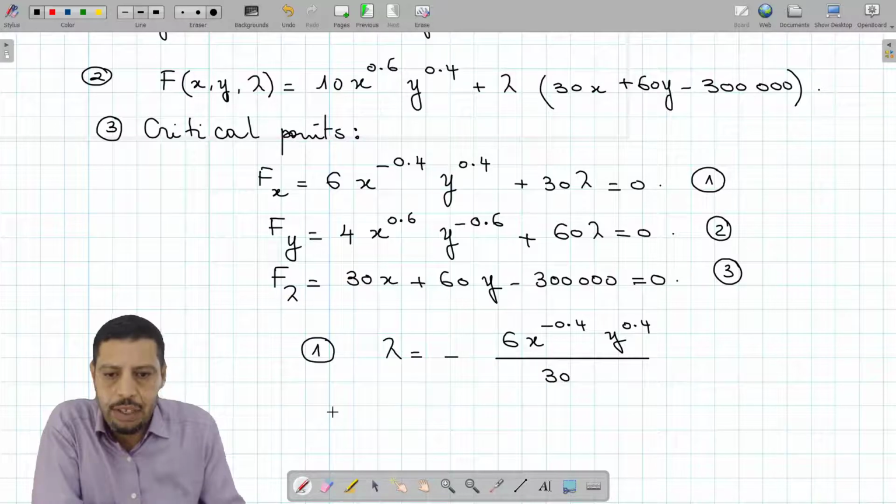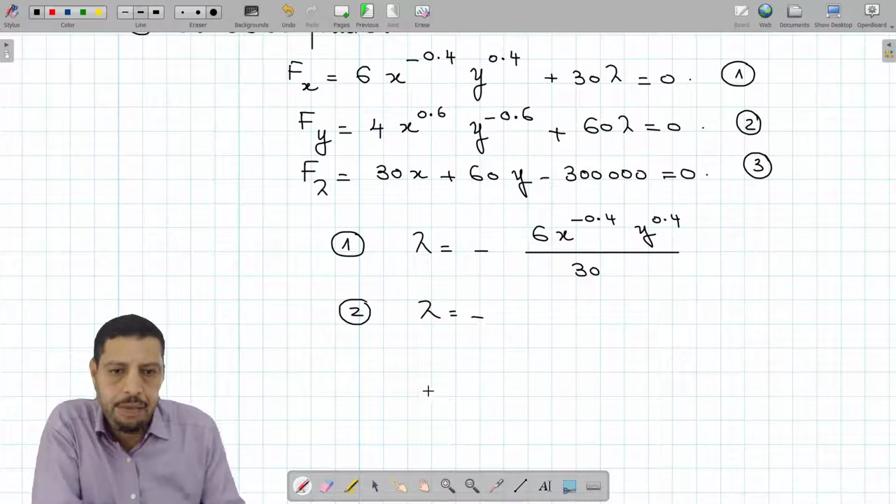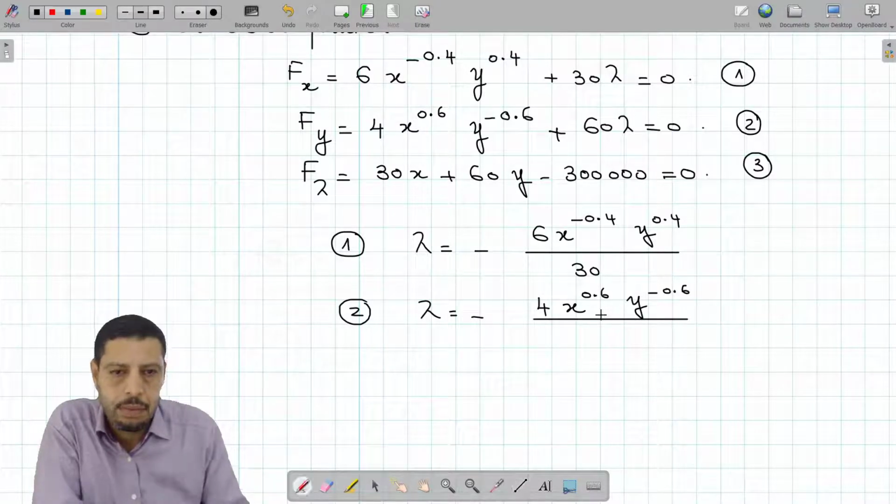From the second equation, we'll get lambda equals negative 4x to the power of 0.6, y to the power of negative 0.6 over 60. Now we can, of course, simplify these expressions.